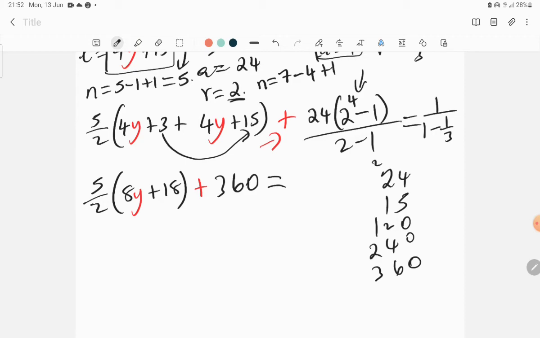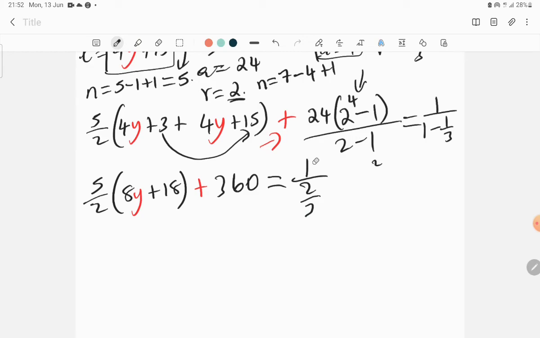Then therefore this must be equal to the other side. We are having 1 over, then this is 3 minus 1 over 3, which is 2 over 3. So this is just 2 over 3, which is going to give us just 3 over 2 on the other side.